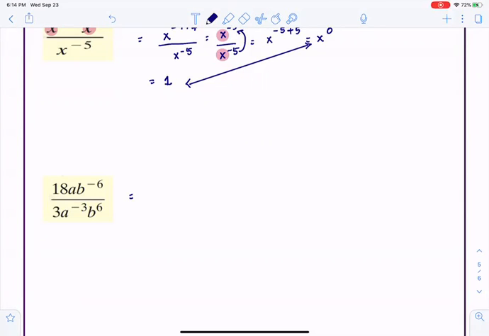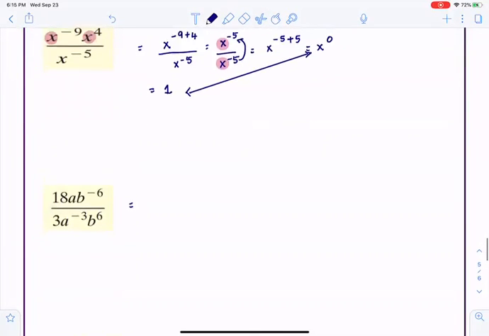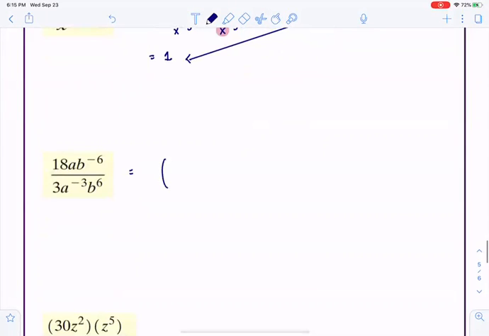So here, since there are no plus signs or minus signs among the terms, I'm going to split and write it as 18 over 3 multiplied by a over a raised negative 3 multiplied by b raised negative 6 over b raised 6.